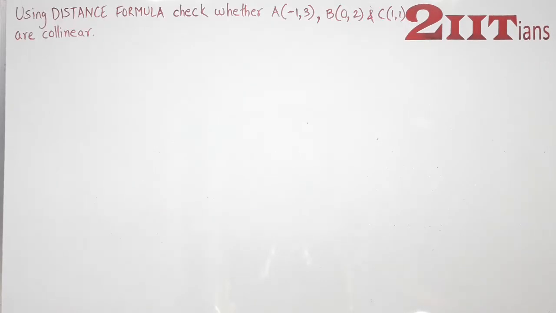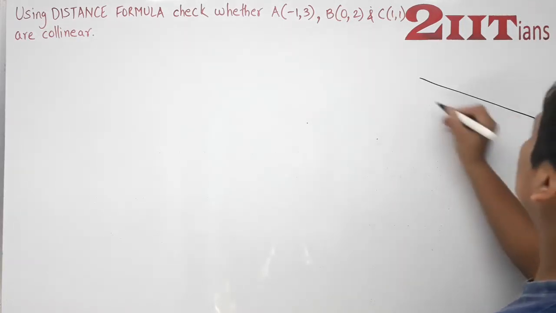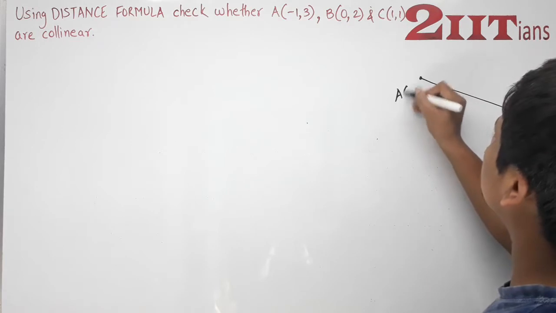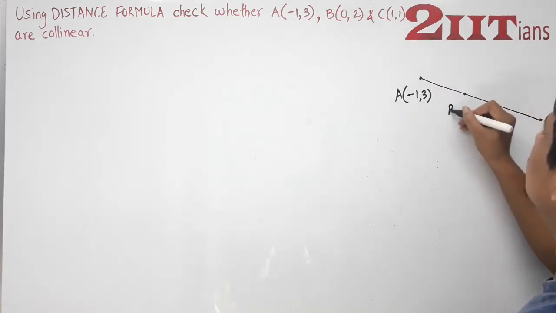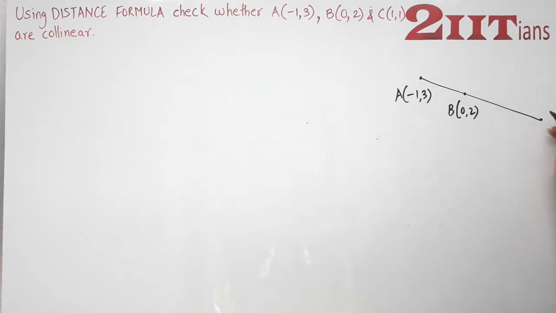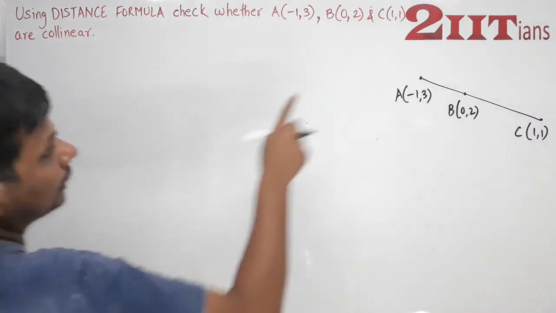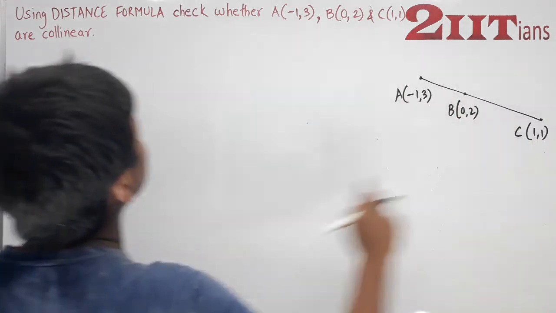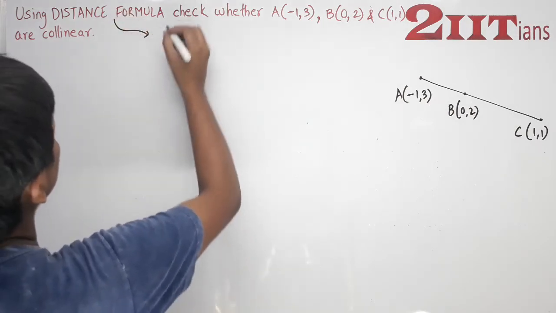Using distance formula, check whether A, B, C are collinear. So what we will do, we will write the 3 points: A(minus 1, 3), B(0, 2) and C(1, 1). And we can calculate AB, BC and AC as distances. First of all, we should know the distance formula.